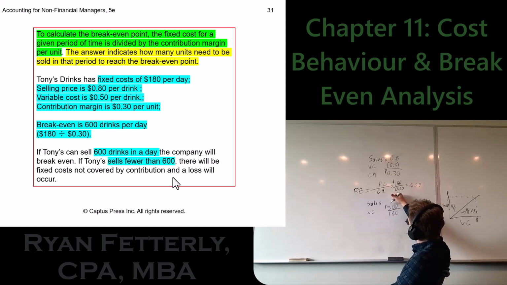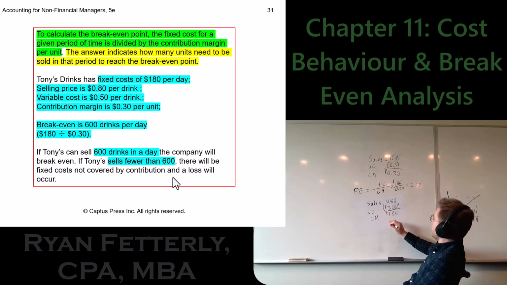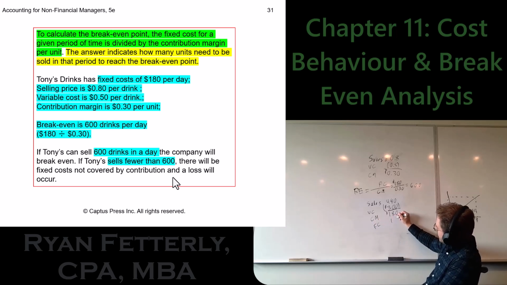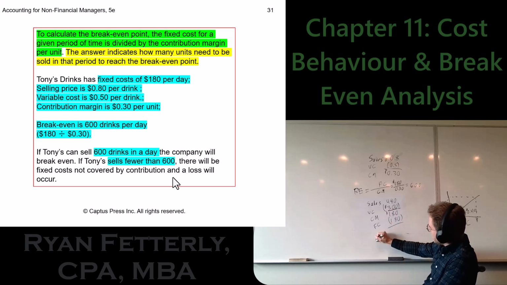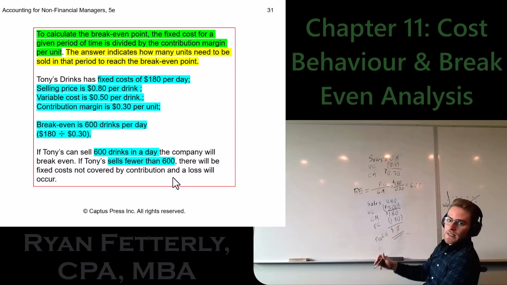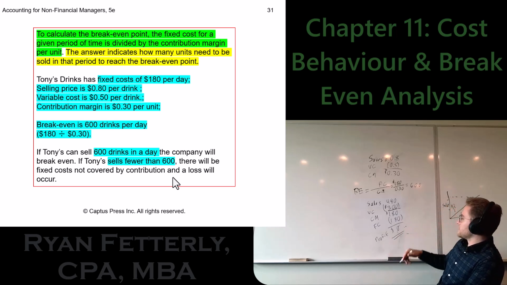So 300 plus 180, 480. So my sales would basically be $480. I would subtract off $300 in variable costs, and then I would get to my contribution margin of $180, right? And then I have my fixed costs, right, of $180. I take those off, and then my profit at the end of that would be $0. Okay.